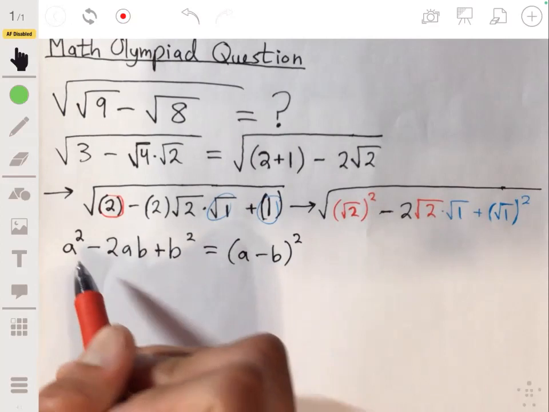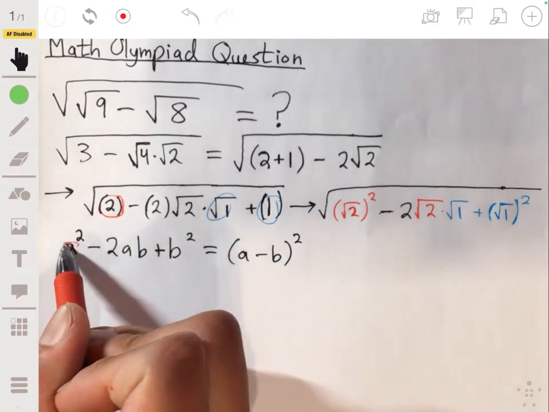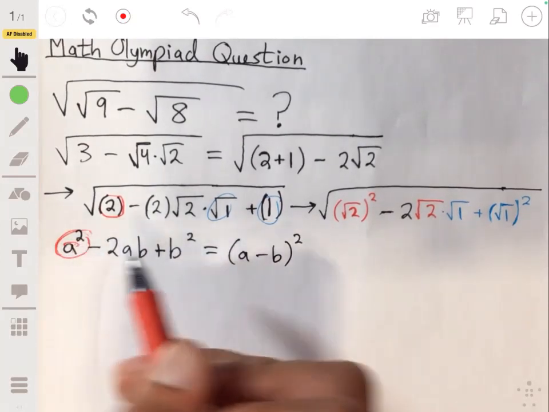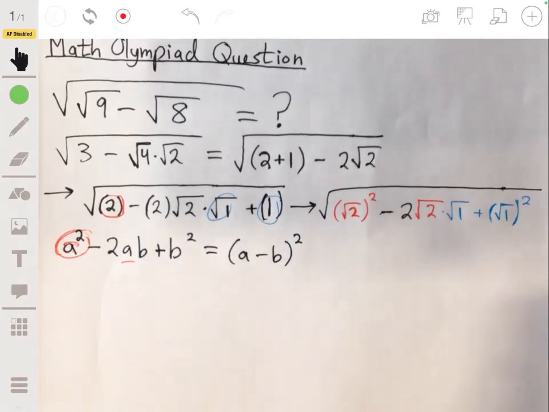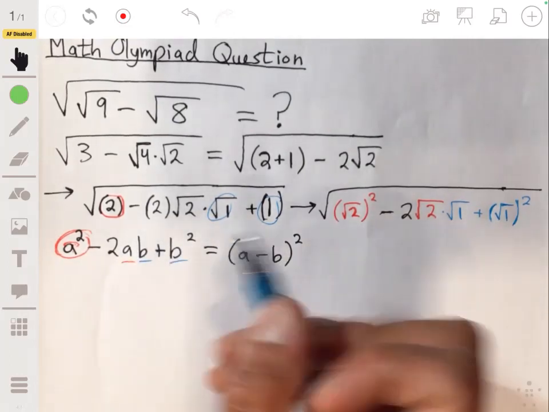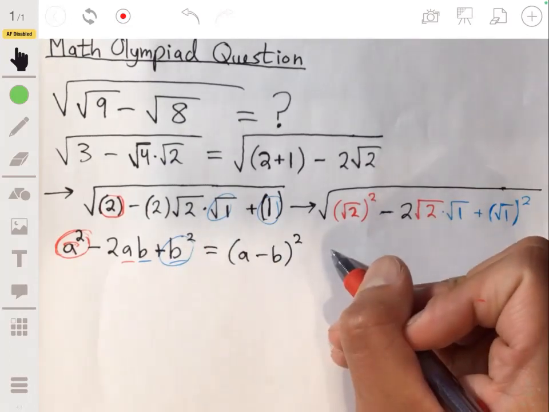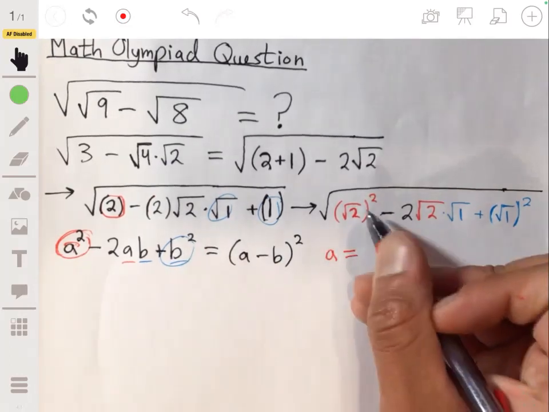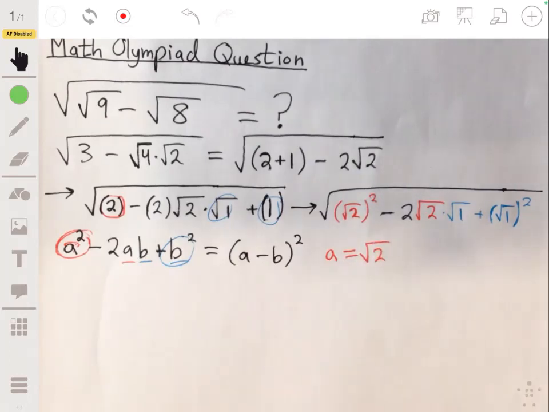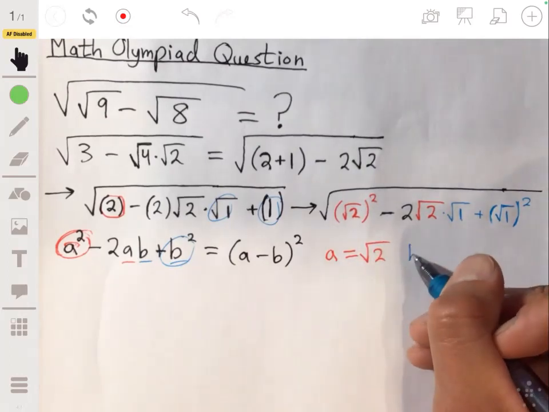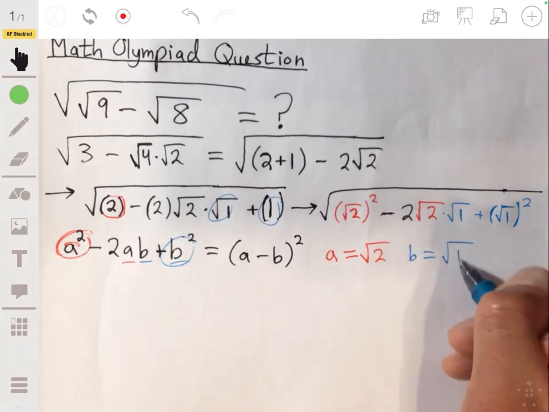And so then if we have the a here, let's make it red, and the b's are what we got in blue. So you can see that a is equal to the square root of 2, and then b is equal to the square root of 1.